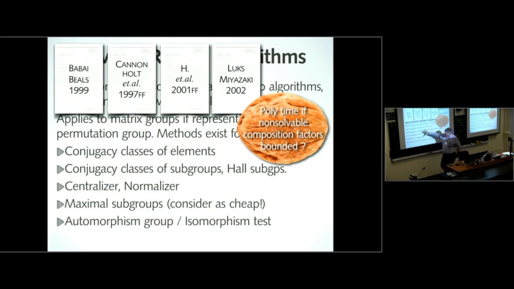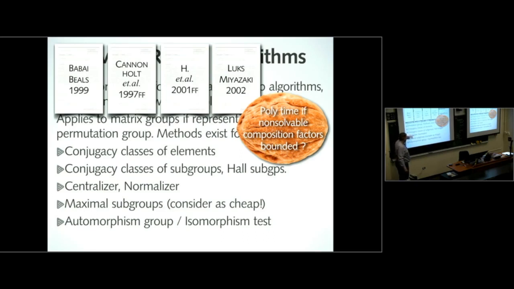They all exist for permutation groups. If you come with matrix groups, you need to know what information to tell GAP to actually go through a composition tree. It will not do this by default. So you need to know the secret handshake to tell it how to go through a composition tree and use this. And the existing algorithms for conjugacy classes of elements, centralizer, normalizer, maximal subgroups, they already work.